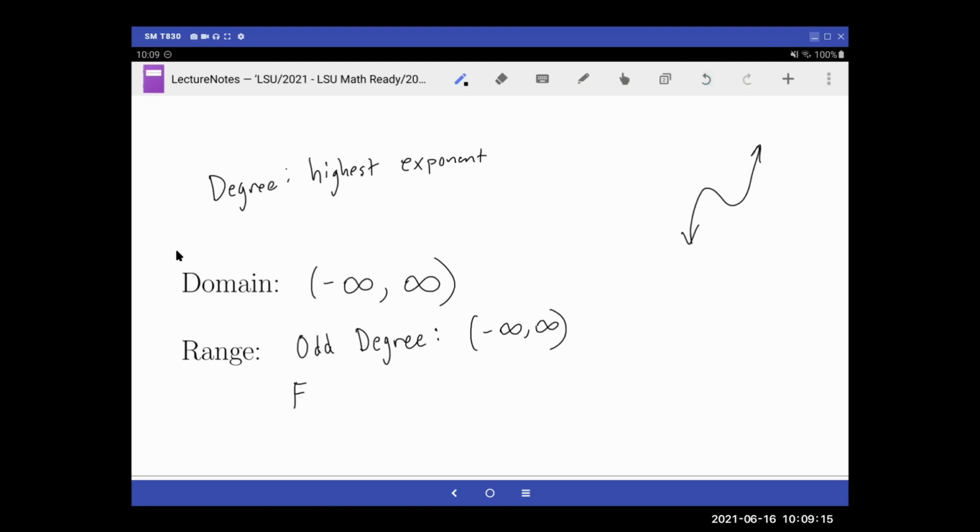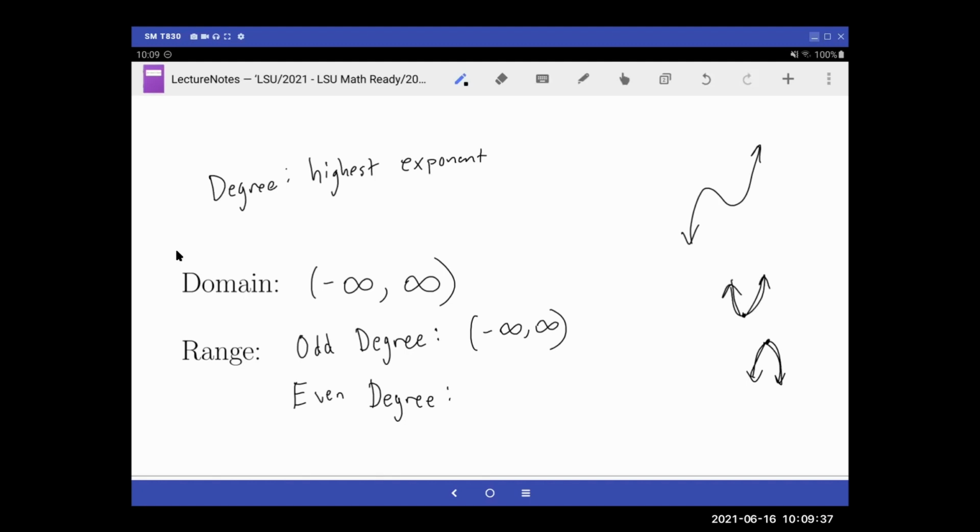An even degree polynomial, they're usually shaped something like this, either like that or like that, right? And so there's an obvious cutoff point, and then it goes up forever, or there's a cutoff point and it goes down forever. Okay, so it can be one or the other.